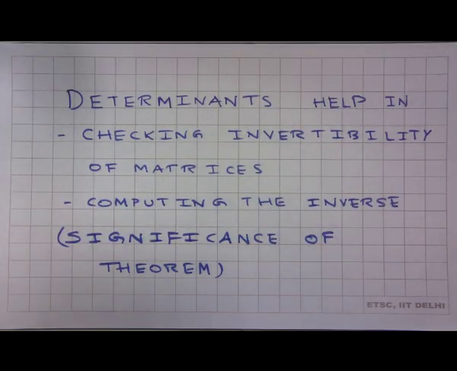Some we have presented here, for example, the determinant of the product is the product of the determinants. It has many applications, one of which we have seen here is finding the inverse of a matrix, and specifically the statement that we have made is that determinants help in checking the invertibility of matrices and in computing the inverse, and this was the significance of the theorem that we presented. All right. So, with that I end this lecture and I thank you for your attention. Thank you.